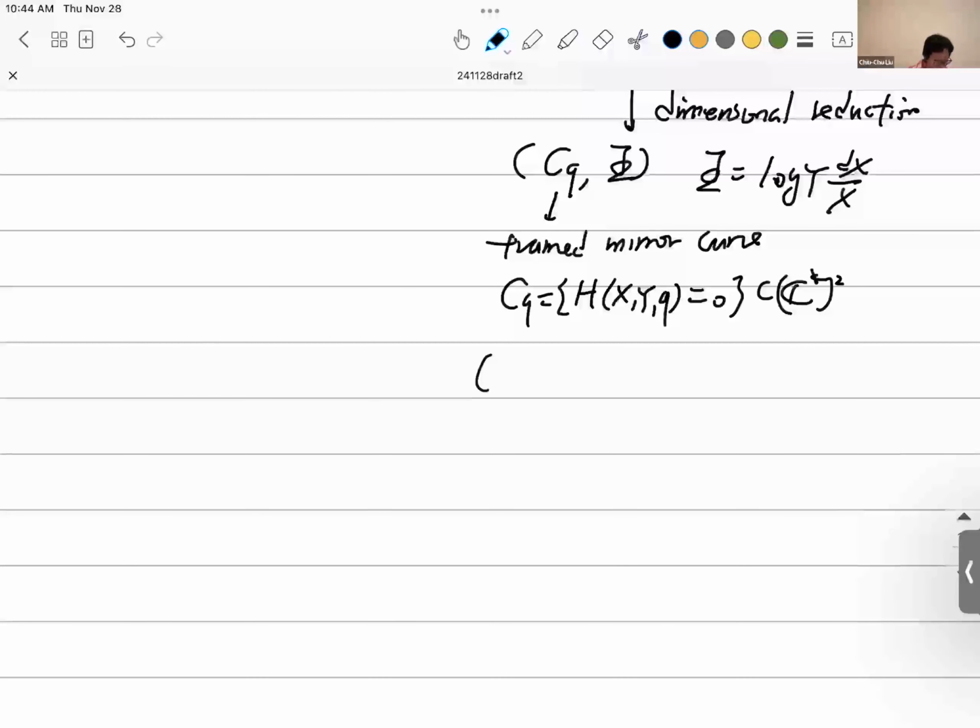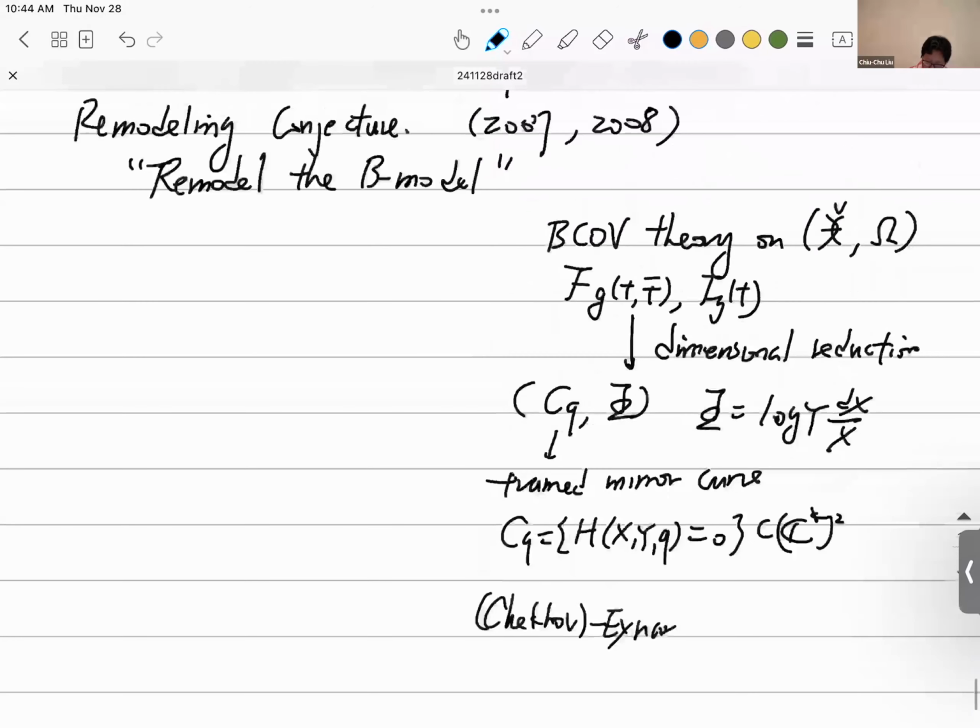And there's the so-called Chekhov-Eynard-Orantin topological recursion.